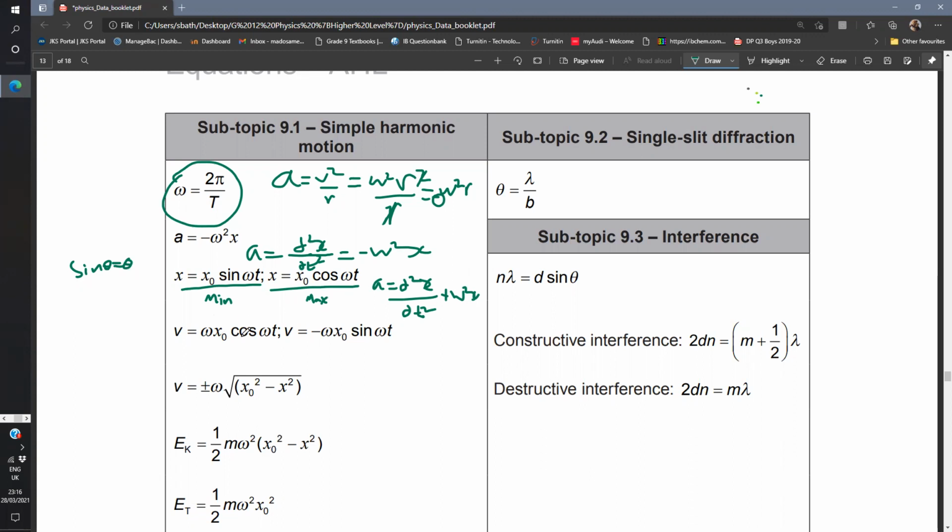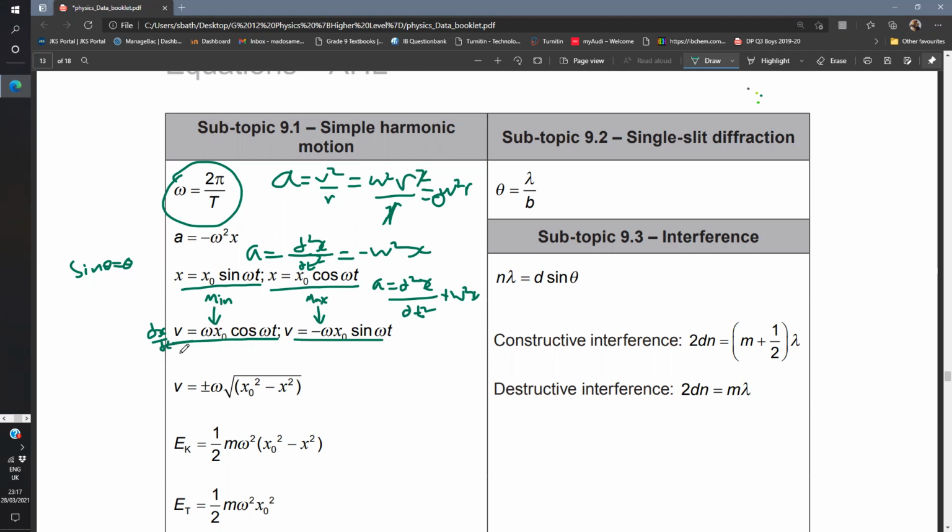So sine becomes cosine, and the w comes on the outside, and we do the same here. This is still for the minimum. We just differentiated this equation to get dx over dt, for both of them as a matter of fact.